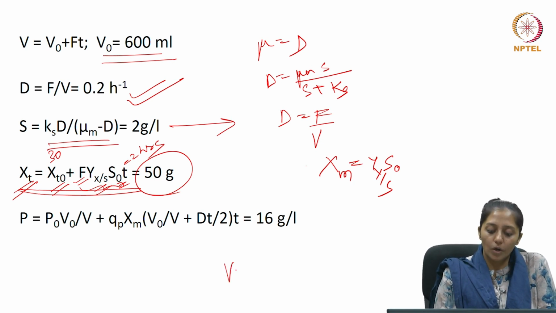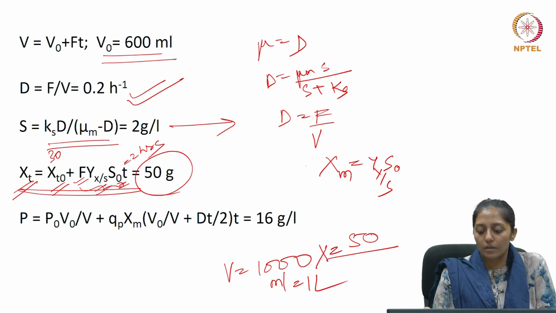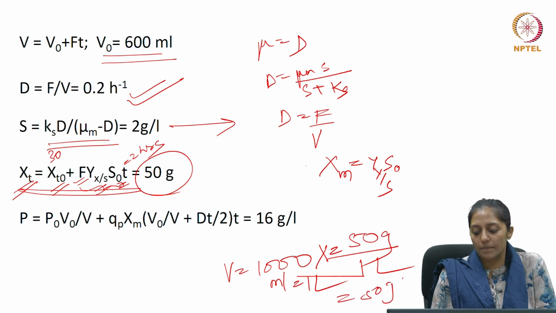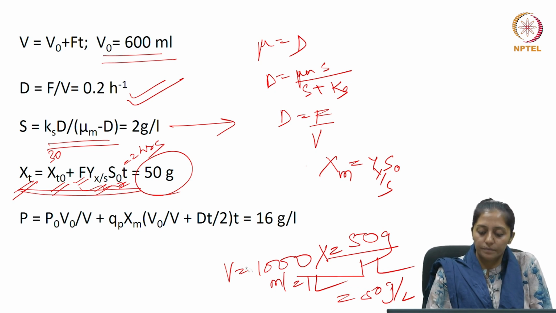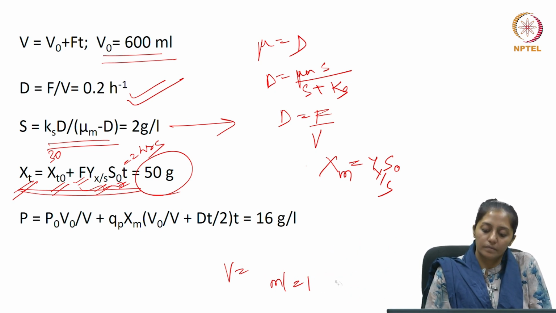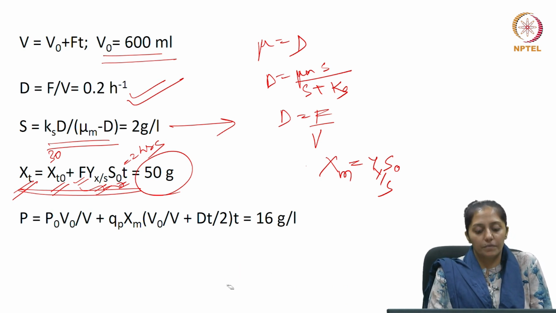So, if you remember, the volume at 2 hours was 1000 ml, which means 1 liter. So, your concentration of biomass is 50 grams per liter, which is the same as we had calculated earlier. And the amount of biomass is 50 grams.